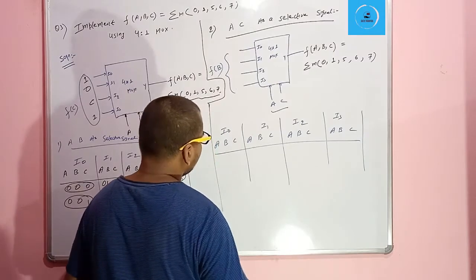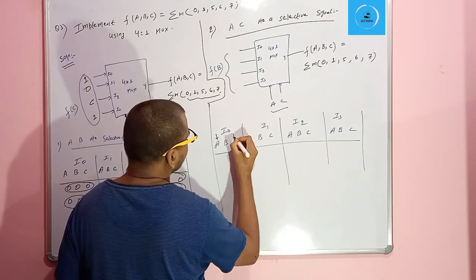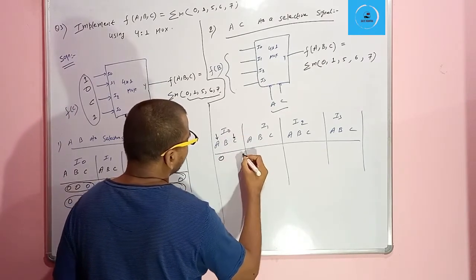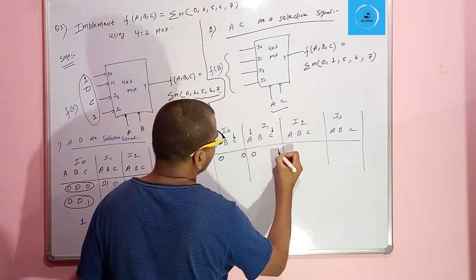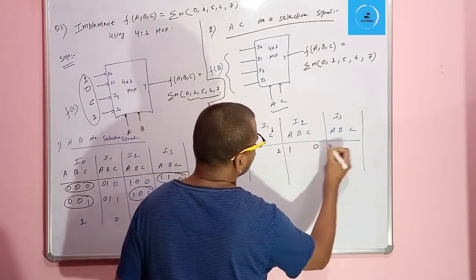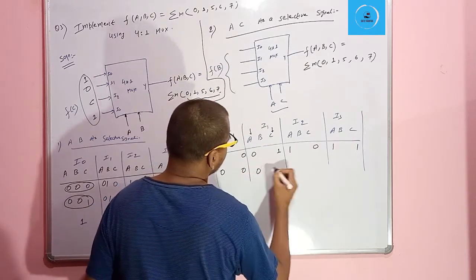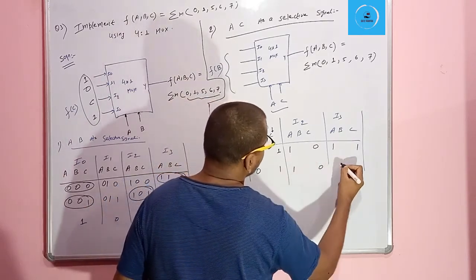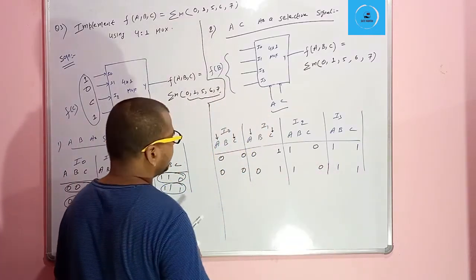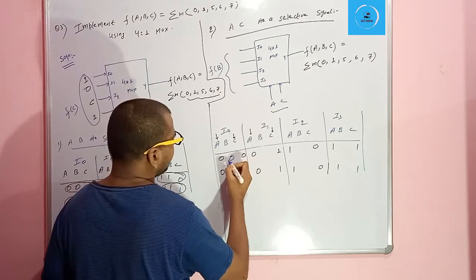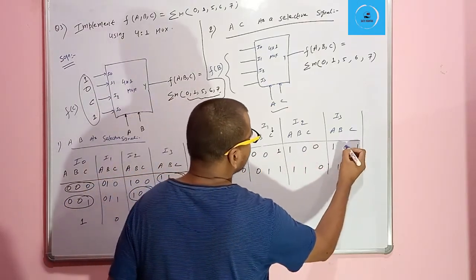Now we have selected A and C as the selective lines, so we will write here 0 0. A and C as selective lines, 0 1, 1 0, here we will write 1 1. Here again 0 0, 0 1, 1 0, 1 1, and we will put the value of B: 0, 1, 0, 1, 0, 1, 0, 1.